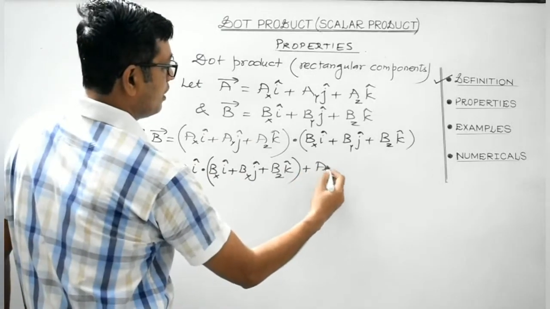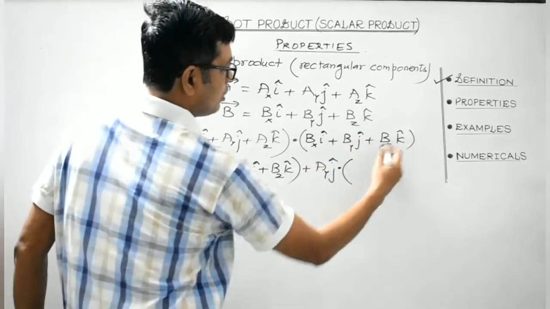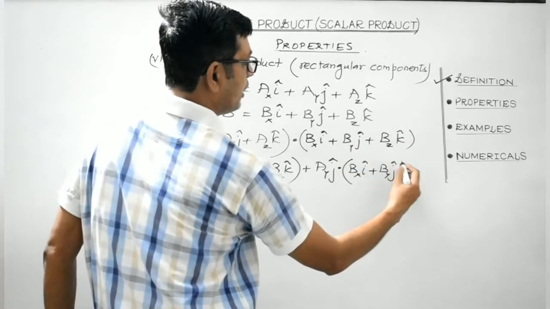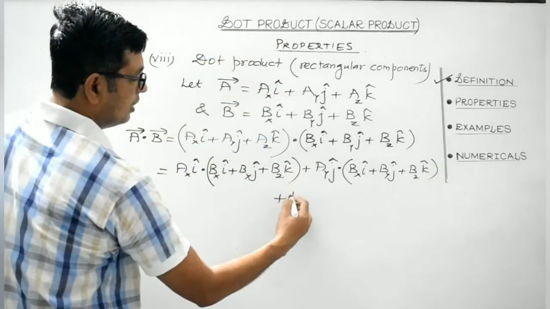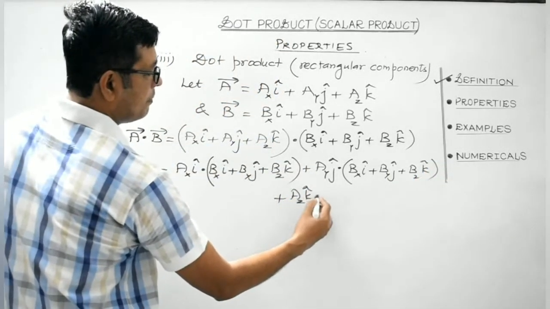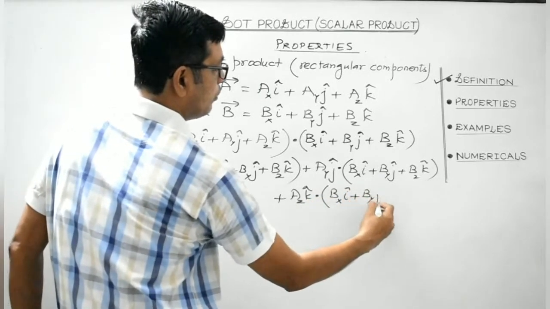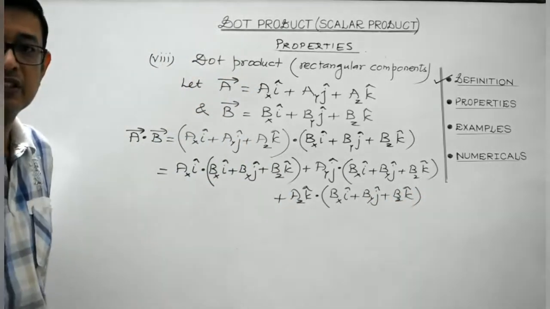Plus this term ay j cap dot the same term, that is bx I cap plus by j cap plus bz k cap, plus the third term, that is az k cap dot bx I cap plus by j cap plus bz k cap. Clear, students?